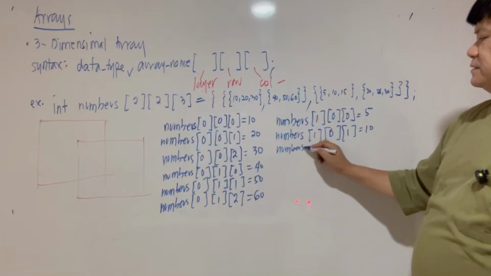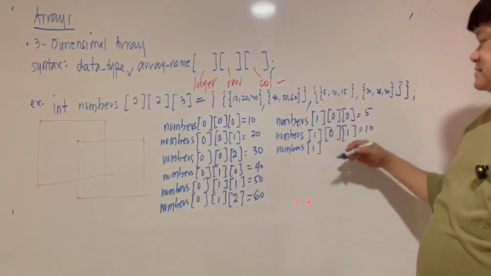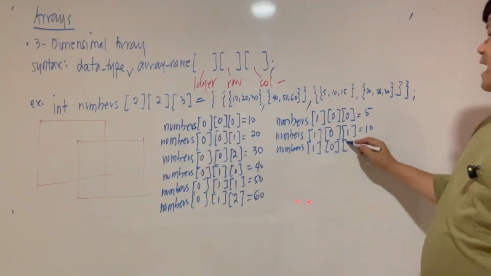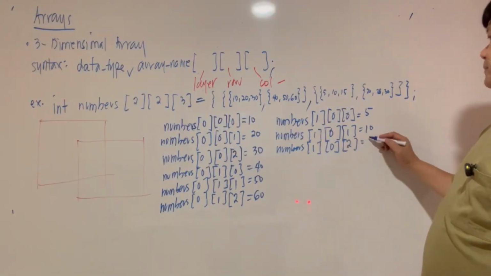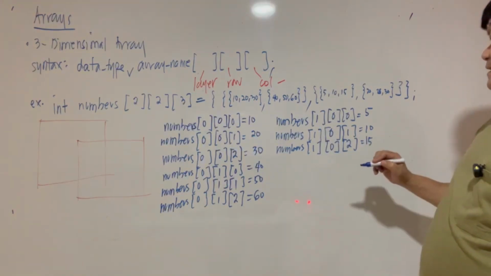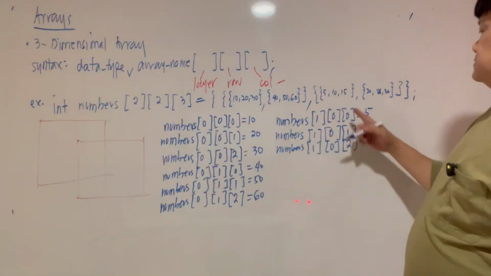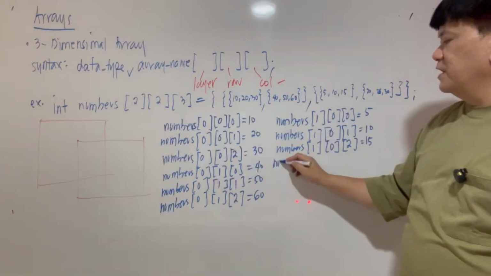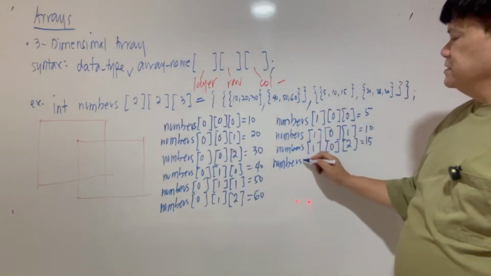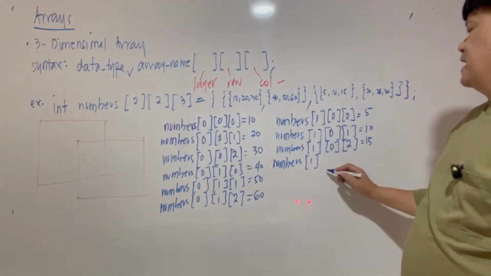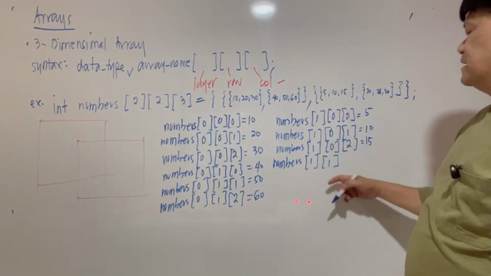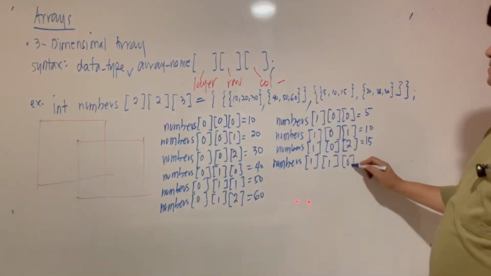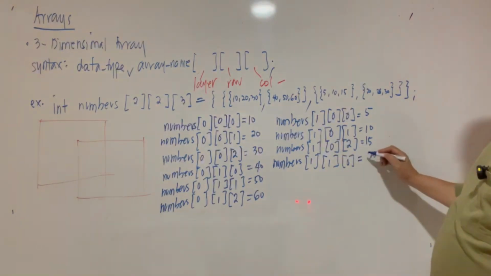Numbers, the second layer again, still at first row and this time at second column, so you have 15. Then 0, 2, third column. Then numbers, still again, this time at the second row, index 1, so 1, 0, you have 20.